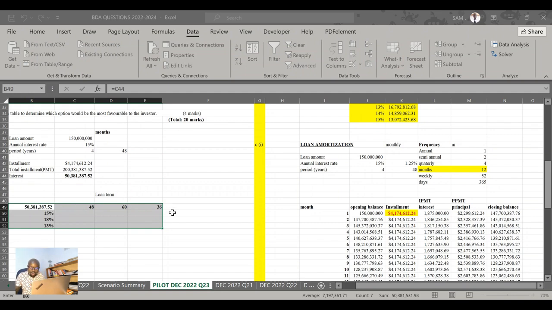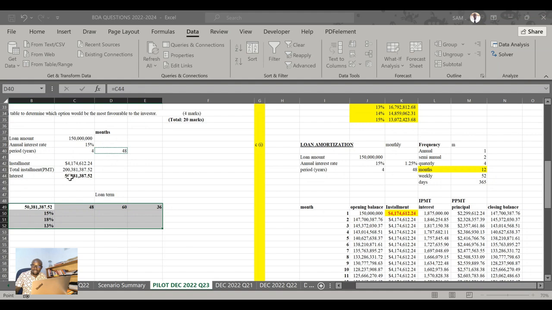In this row, what we have are the loan term. The repayment period is what is appearing along the row. So we will come to our default computation figures and ask ourselves, which loan term did we use? We used 48. So just come and click on that 48, because loan term is what is on the row, and we pick the loan term which we used to compute this total interest.